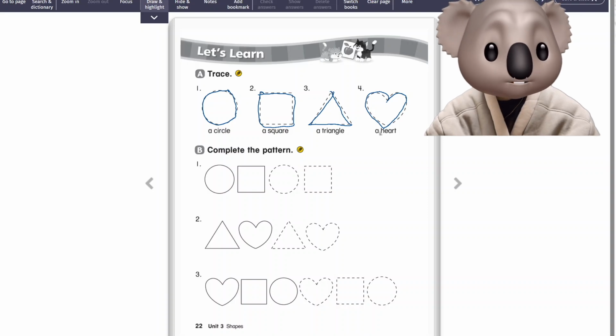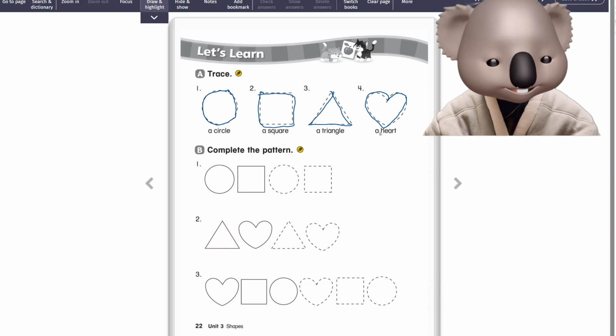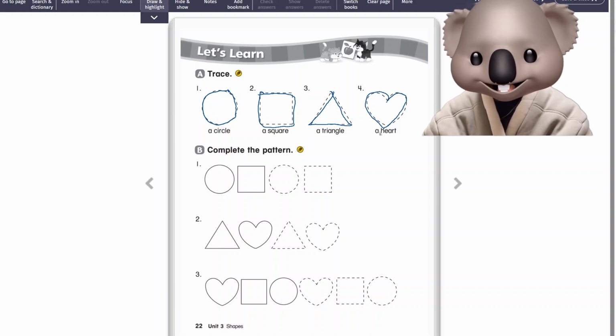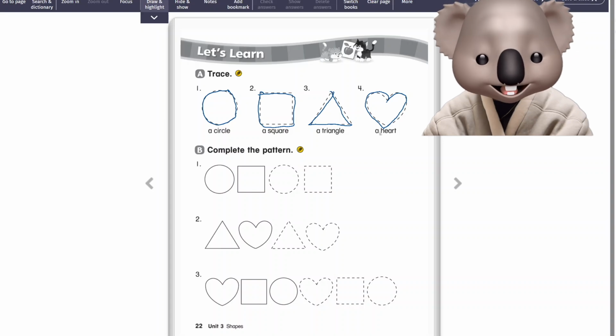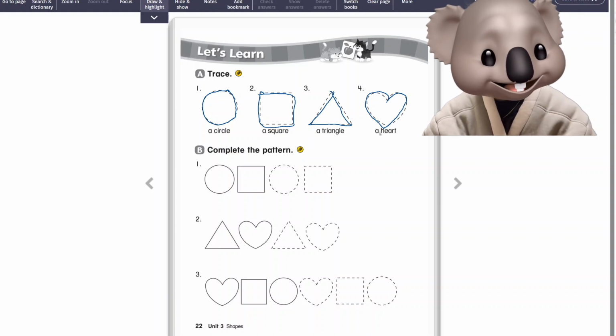In part B, the directions say complete the pattern. Complete means to finish. We're going to finish the pattern. So if we see here, our first shape is a circle. Then we have a square. Oh, and then again a circle and again a square. Good job! We need to trace the shapes.